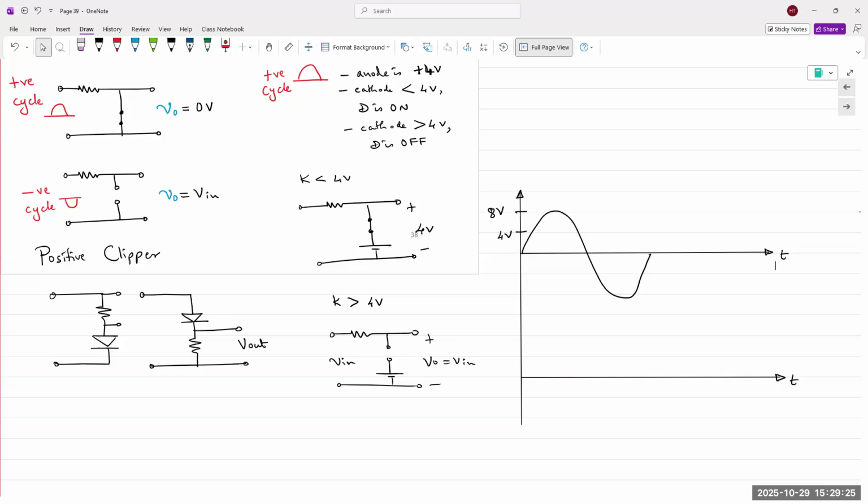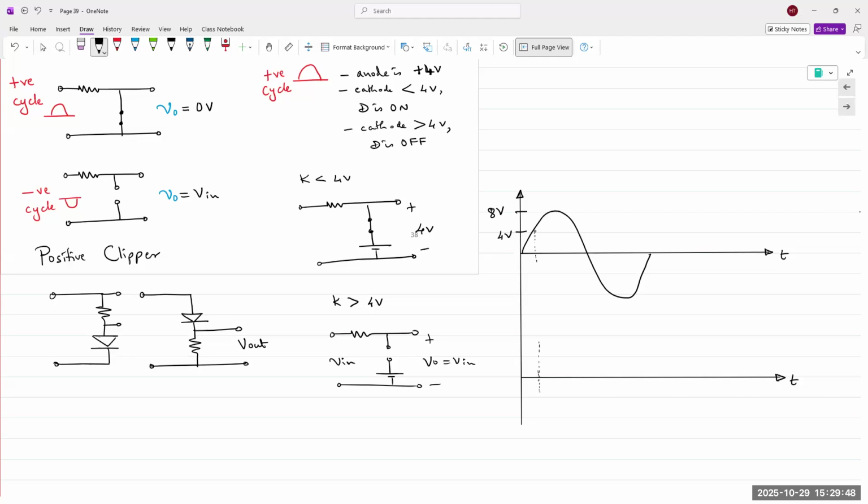So first draw out the waveform for V in less than 4. Find the corresponding time point where V in is less than 4. So this would be here, right up to here. Up till this point, V in is less than 4.